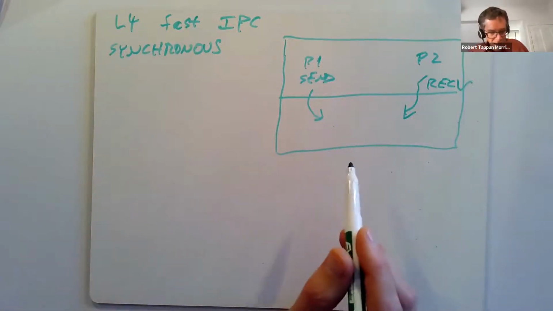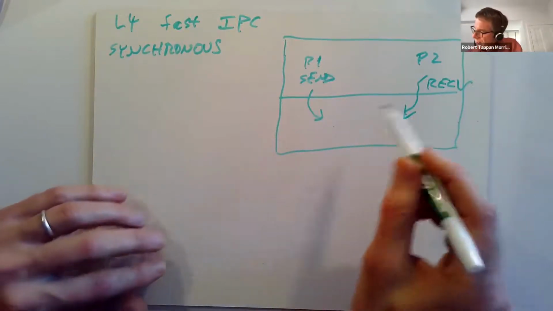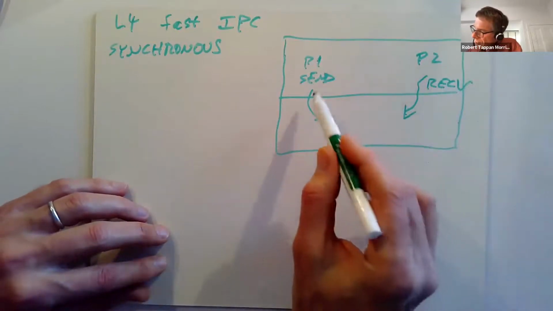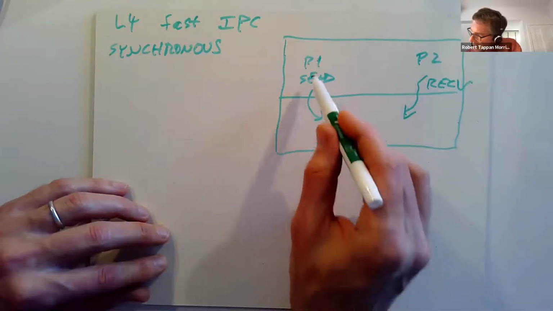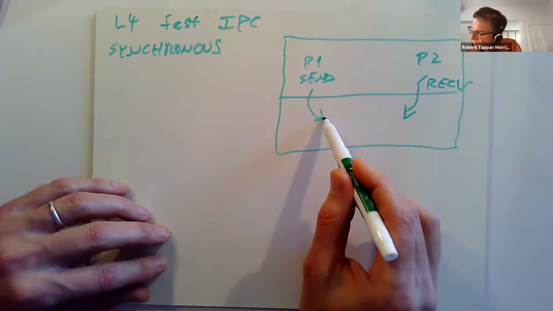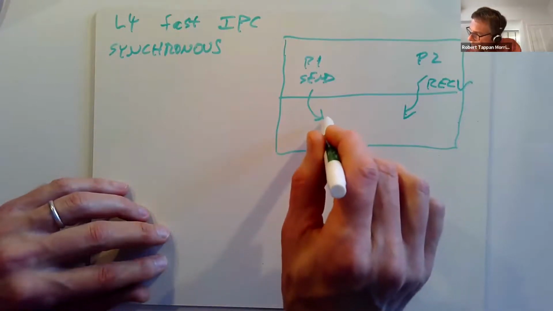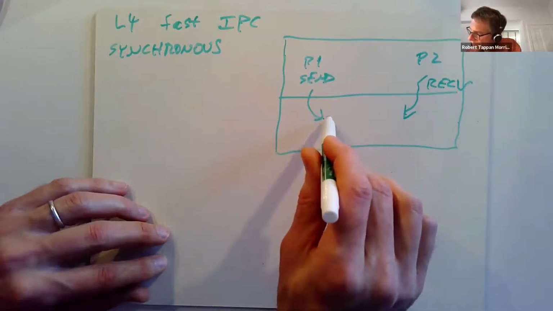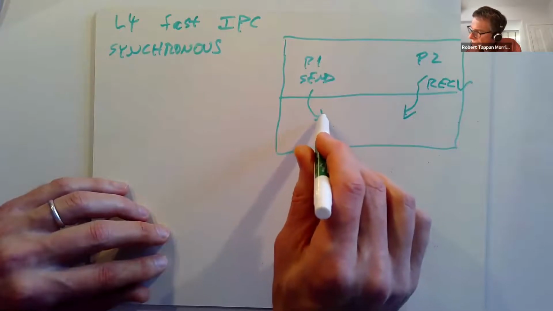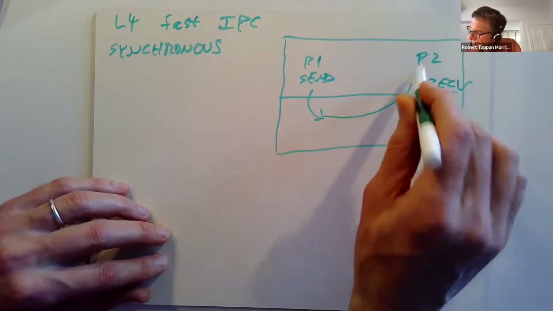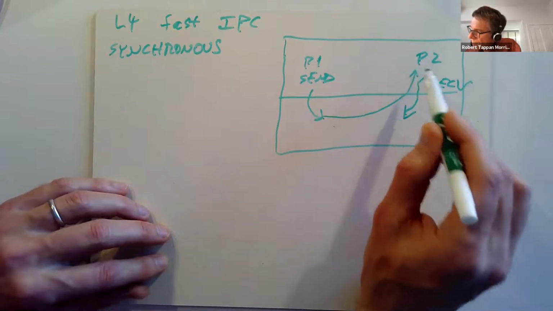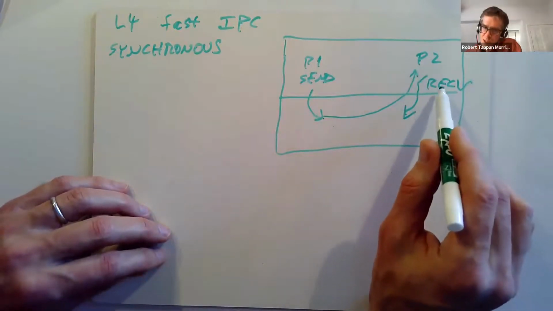One reason this is fast is that if P2 is already in receive, then P1, when it's executing send in the kernel, can just, without a context switch or general purpose scheduling, jump back into user space into P2 as if it was returning from this receive.